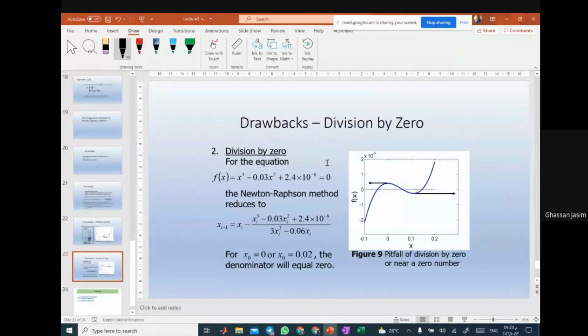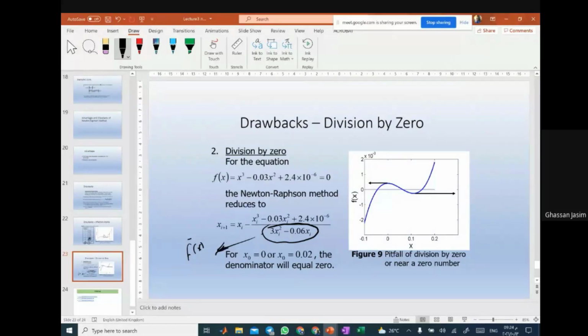Division by 0. For example, if we have this equation f of x, we need to find f dash x.